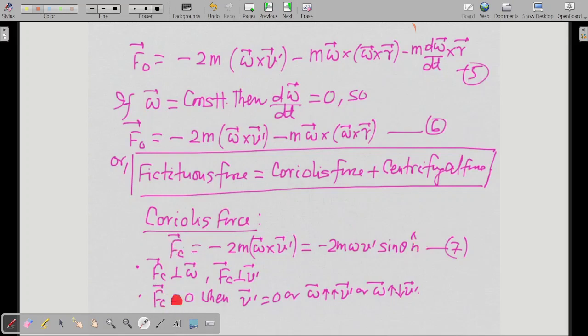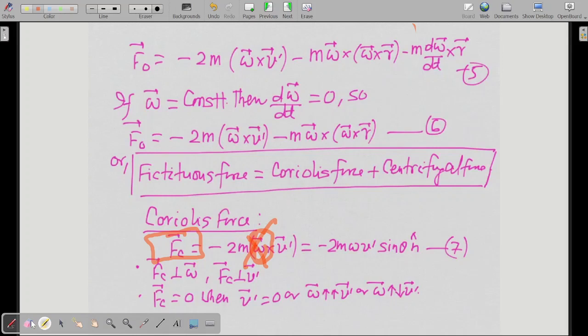So when will Fc vector be equal to 0? When v prime vector equals 0, or when both of these are parallel or anti-parallel, depending on the angle. Omega cannot be 0, because we have already considered the case that it is a rotating frame.